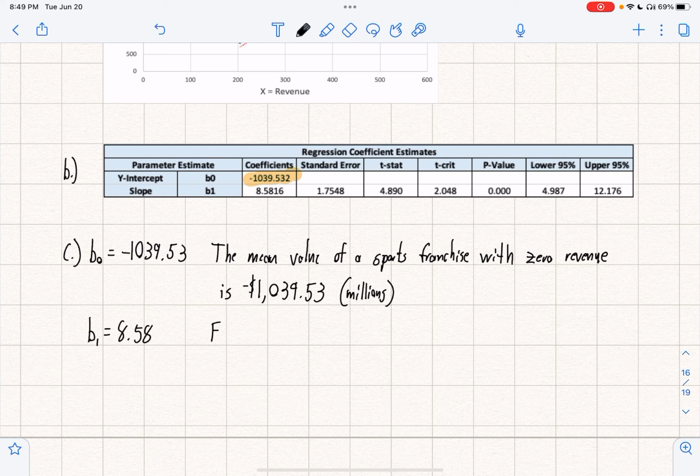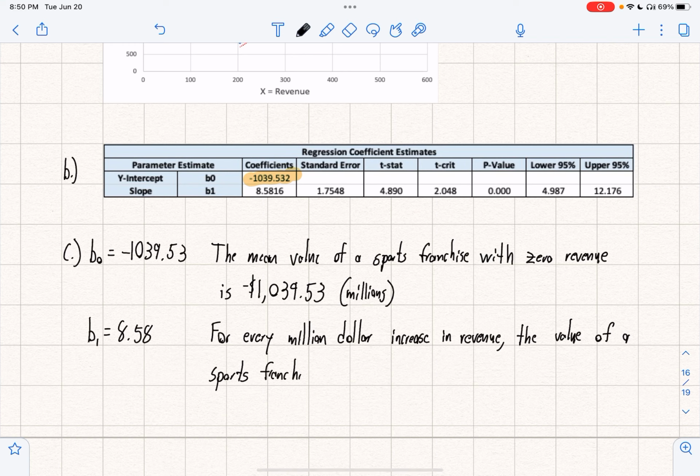Let's recall everything is in millions. So for every $1 million increase in revenue, the value of a sports franchise will increase by $8.58 million.